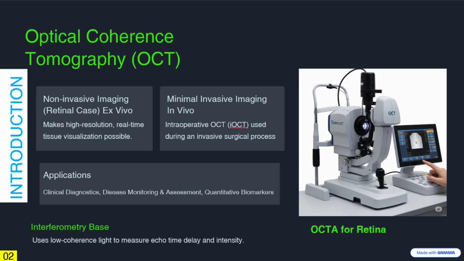In this paper, we will talk more about eye segmentation. The idea of OCT is quite simple. It uses an interferometer system with low coherence light to see the delay and intensity of the constructive or destructive interference pattern.